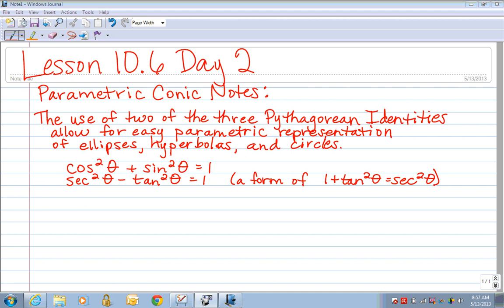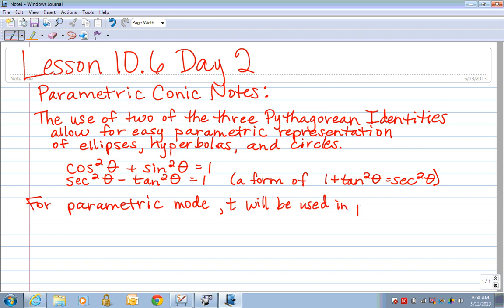So recall cosine squared plus sine squared equals 1, whether it's theta or x, or we're going to be representing it with a t. So for parametric mode or setting or whatever, t will be used in place of theta, because t will now represent the angle instead of theta.